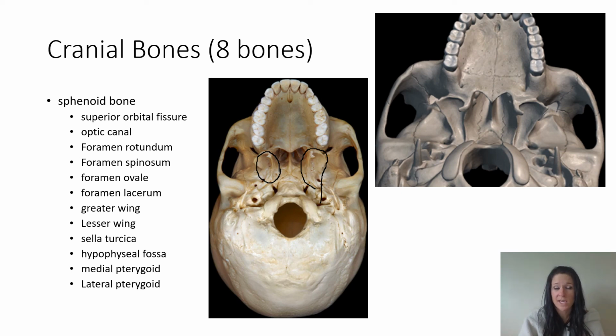So if we increase the magnification and look at an image of this, okay, here is a pterygoid. The medial pterygoid is going to be closer to the midline. It's going to be medial, so it's going to be this process right here.